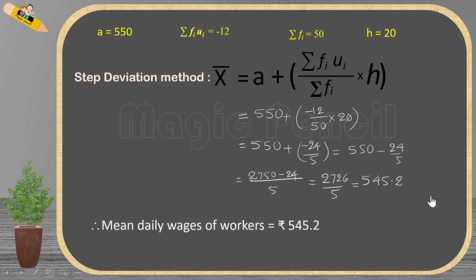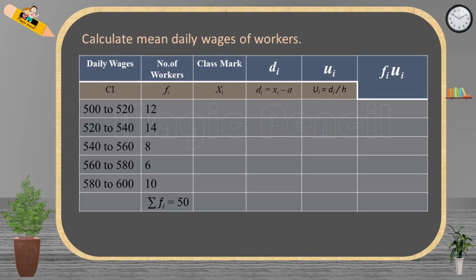And why did we calculate this mean? We have calculated to get daily wages of the workers. Average daily wages, mean daily wages of the workers is equals to 545.2 rupees.